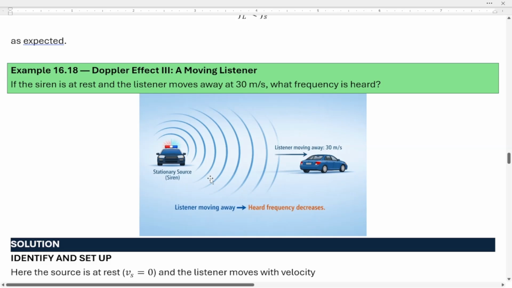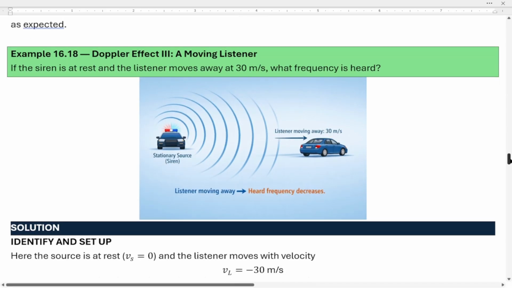The velocity of the listener in this problem is the same, 30 meters per second. Take note that we are going to use again the same magnitude of the speed of the sound, that is 340 meters per second.